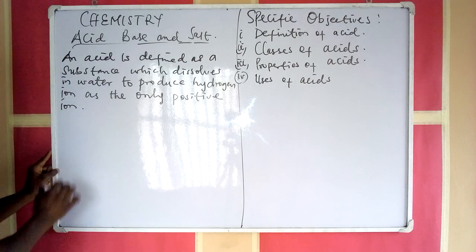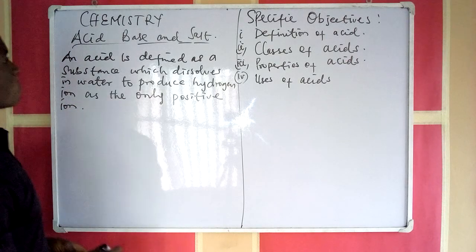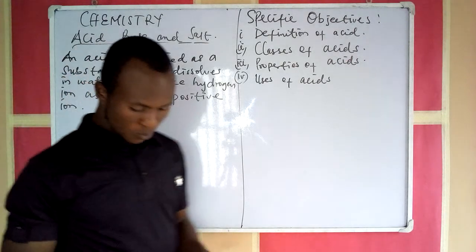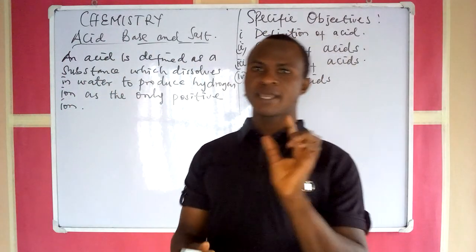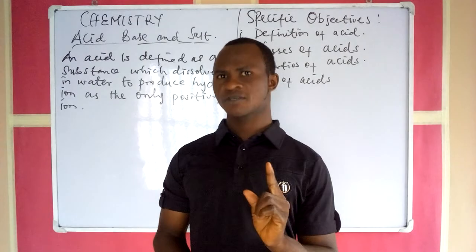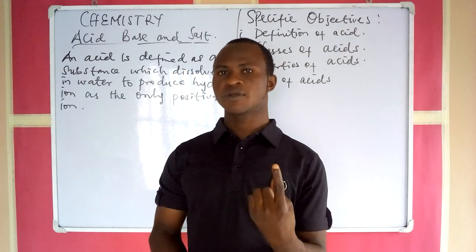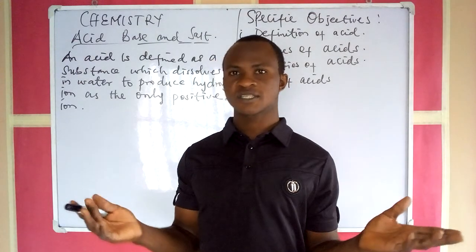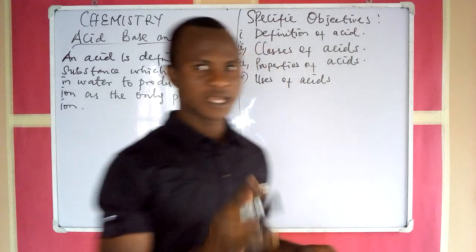As the only positive ion. Now, what do we mean here? What makes a substance an acid is the presence of ionizable hydrogen. Not just every hydrogen, but ionizable.